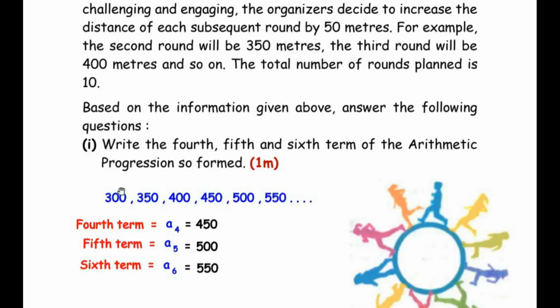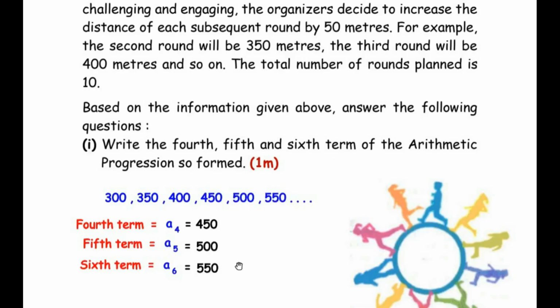Here this is the first term of the sequence, this is the second term, this is the third term, this is the fourth term of the sequence. So here we have written the fourth term, which is represented as A4 is equal to 450. Now the fifth term asked is 500, that is A5, and the sixth term is A6, which is 550 in this case. So this is our answer.